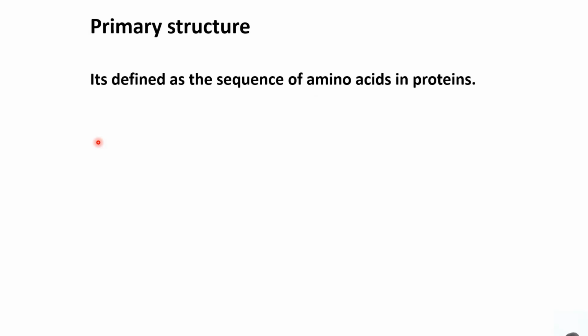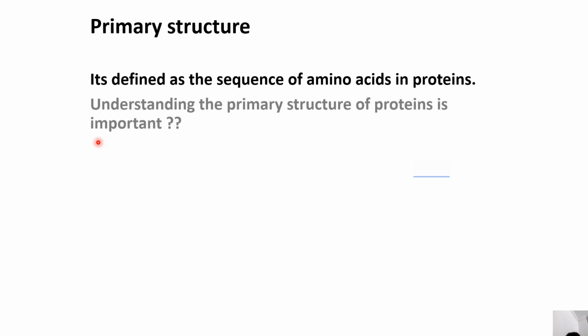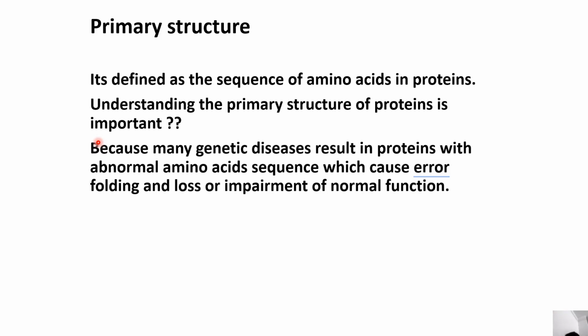So the primary structure is defined as a sequence of amino acids, nothing more. It's just simple, basically the sequence of amino acids, with no structural configurations involved. So understanding the primary structure is important. Why?